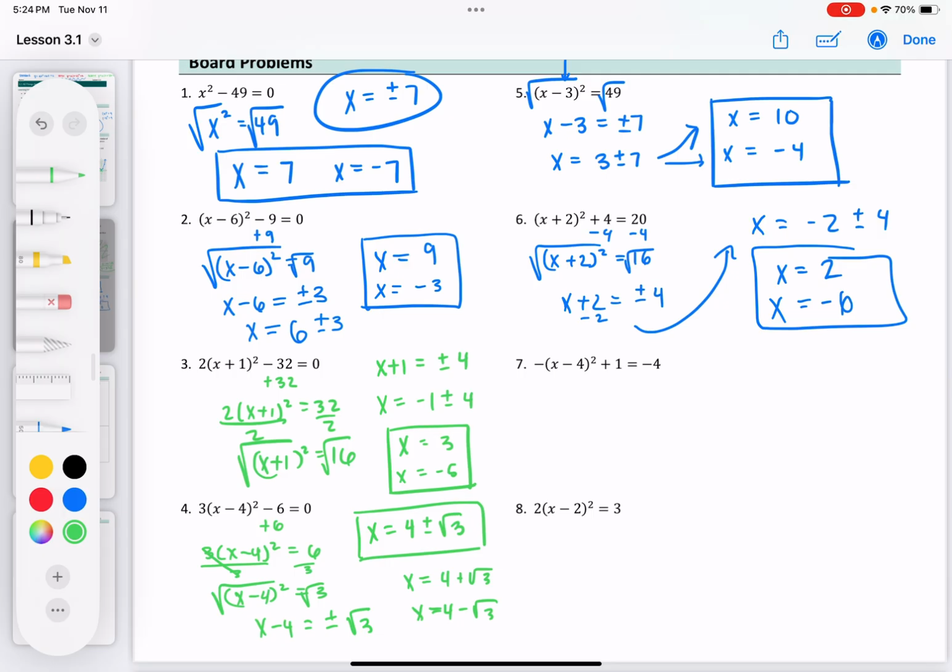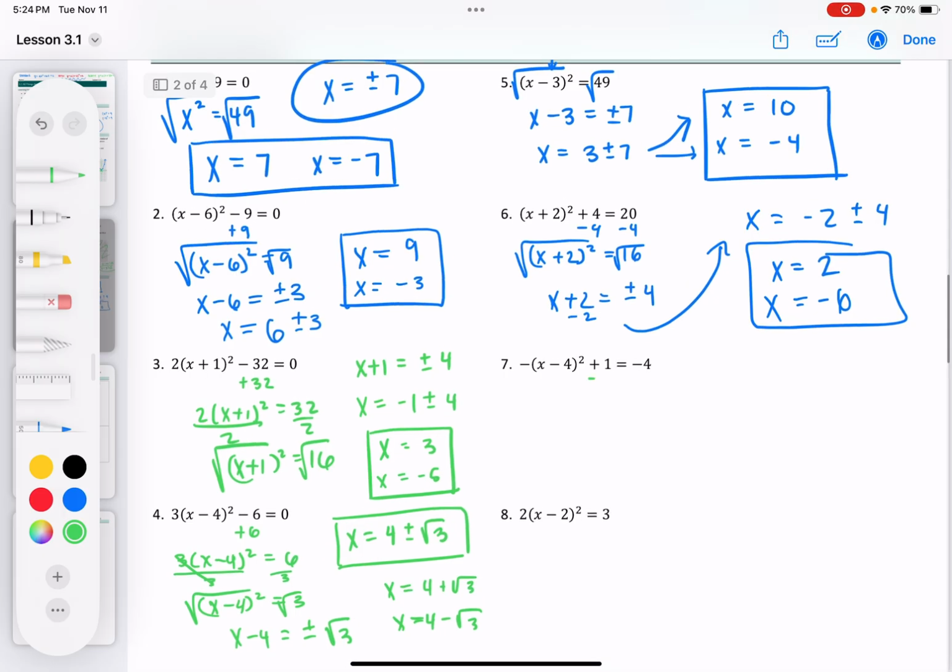Okay, let's move on to 7. So we need to minus our 1 first. We get -5 and negative. Okay, so this negative is causing us problems. So I'm going to write it a little bit differently. Having a negative out front is like saying I'm doing -1 times whatever that is. So if we have -1 times something, to get rid of it, we need to divide it, right?